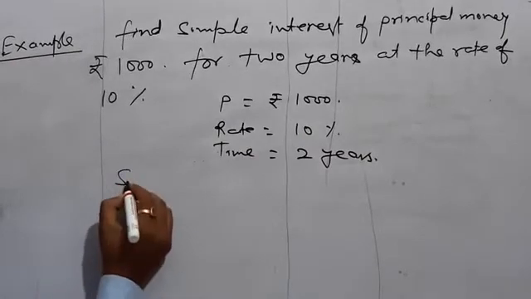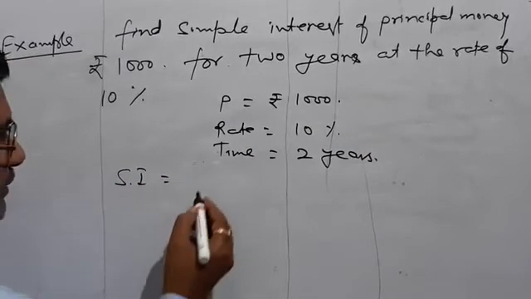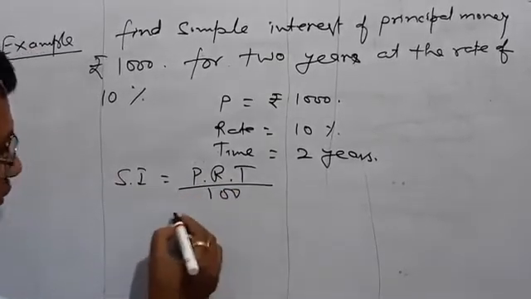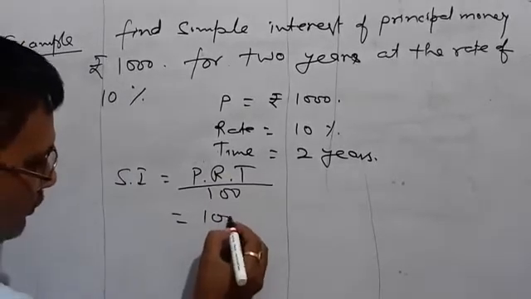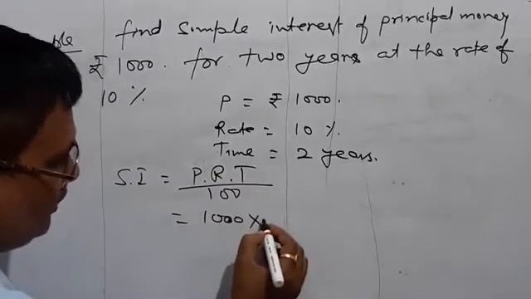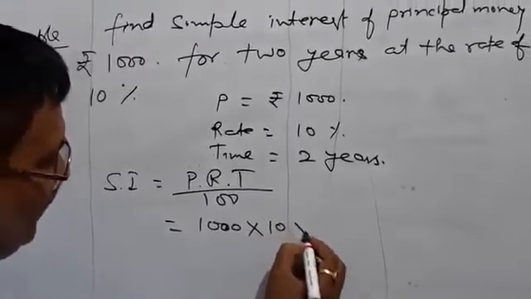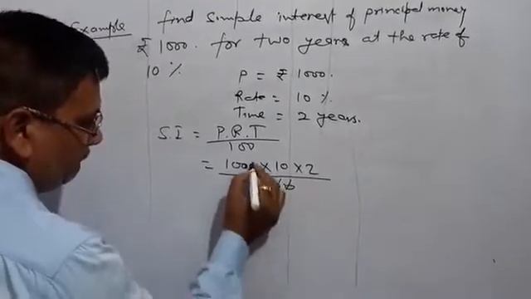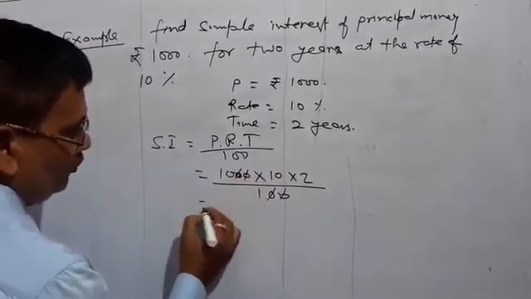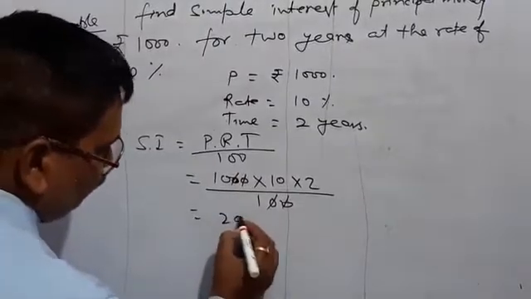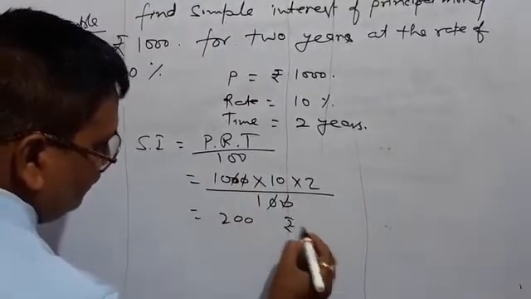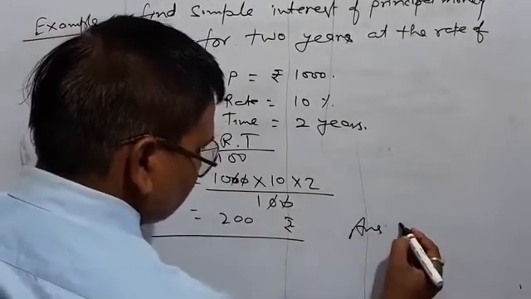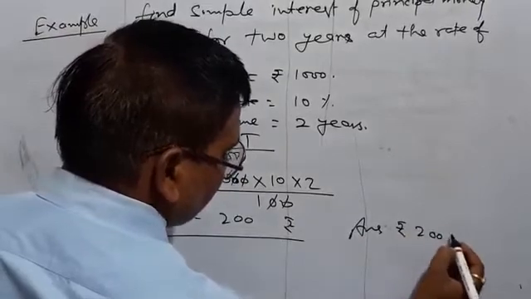Simple interest SI is equal to PRT upon 100, which is 1000 into 10 into 2 upon 100. You have 200 rupees. It is your answer. Simple interest is rupees 200.